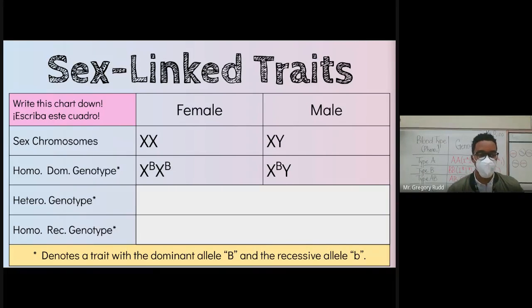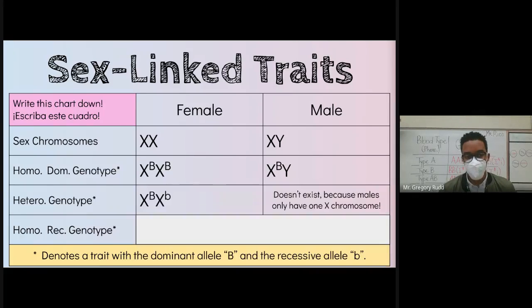Different, good. So there's one that's going to be a lowercase, and there's one that is capital. Good. So for the females, the heterozygous genotype on a sex-linked trait is X capital B, X lowercase b.